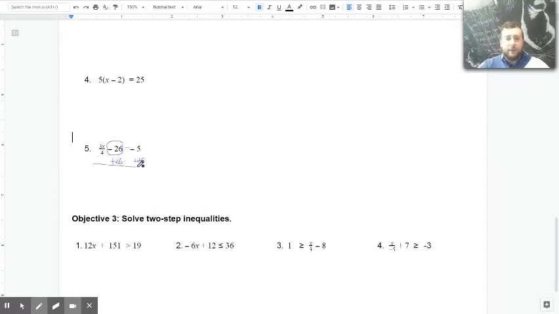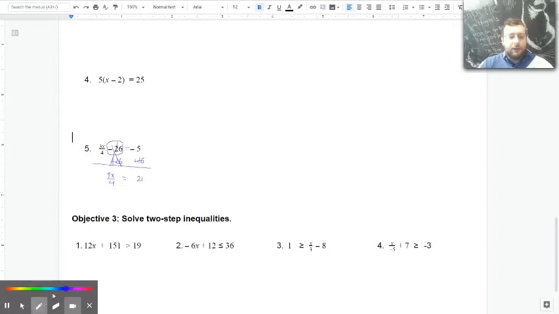So if you do that to both sides, the -26 will cancel out on the left side, leaving you only with 3/4 of x. And then on the right side, -5 plus 26, they are different signs. So you're supposed to find a difference, which is 21, then keep the sign of the biggest, which is plus. So that means it's going to be 21 over there.